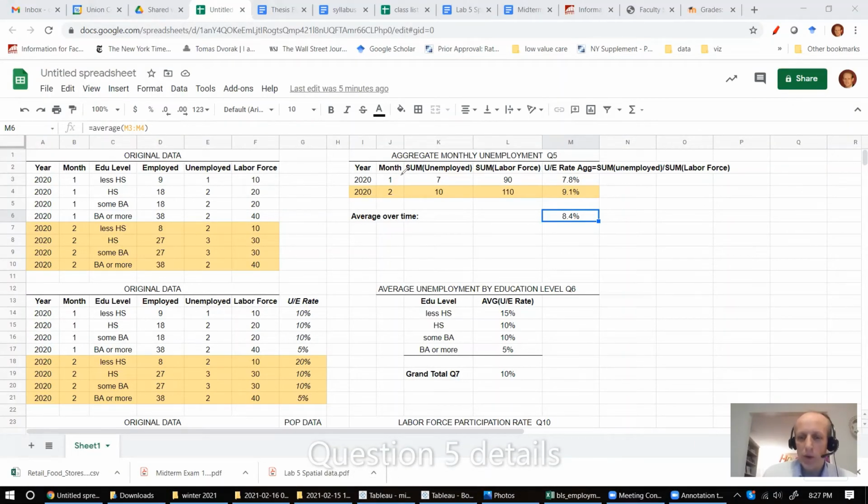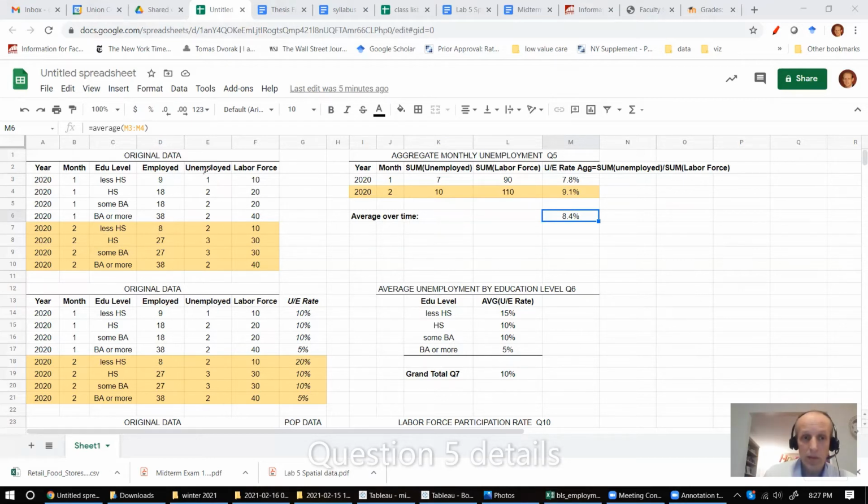So how do I know that I need an aggregate calculation to calculate an aggregate unemployment rate? Well, let's look at the structure of the data. We have one row for each month, year, and unemployment level. To calculate aggregate unemployment rate for each month, I need to add up the total number of people unemployed across the 4 different education levels.